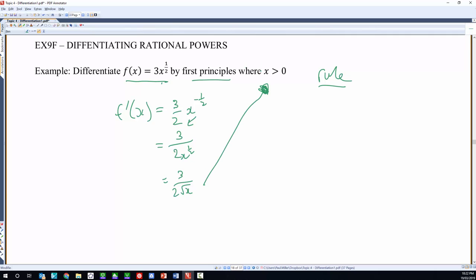Okay, so differentiate where x must be greater than 0, because over here you can only square root a positive number or 0, but if I square root 0, the denominator ends up with 0 and I get a divide by 0 error. So that's why this sort of weird statement actually comes into play.